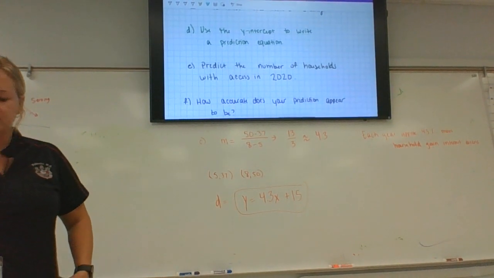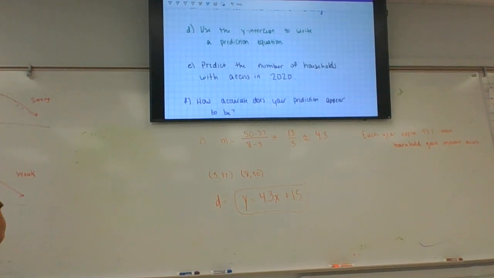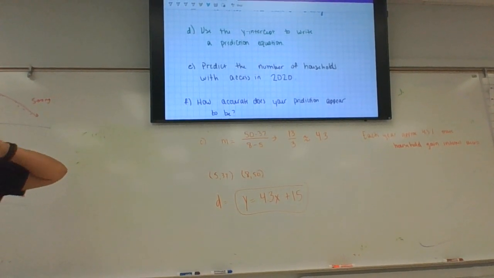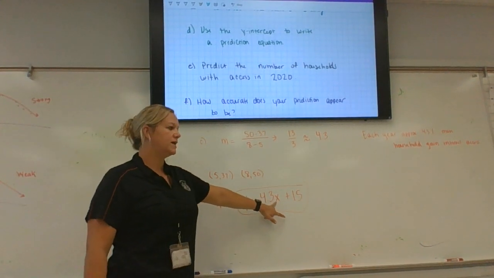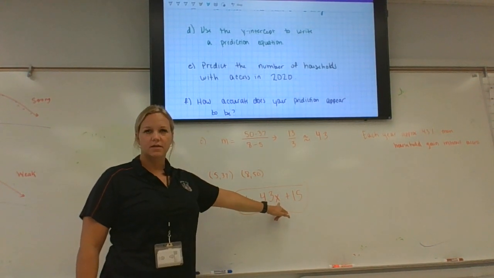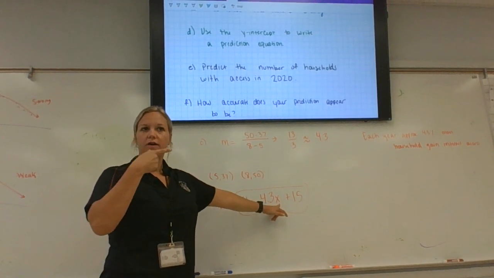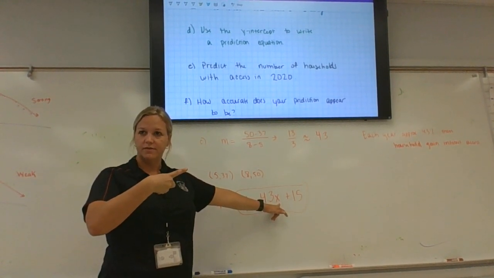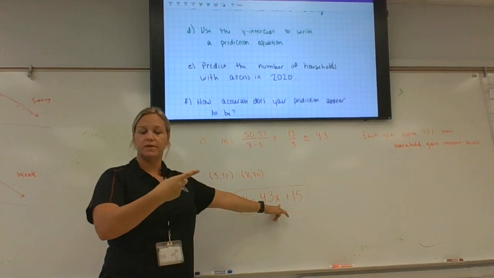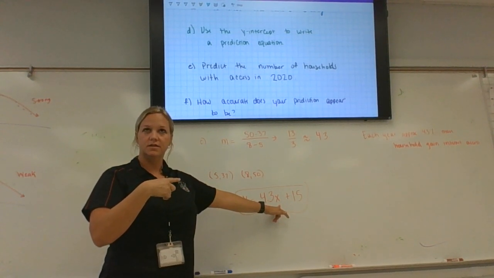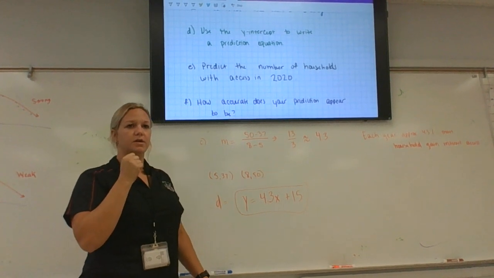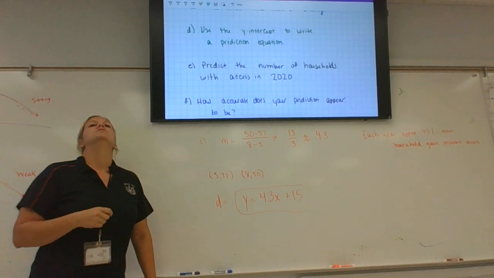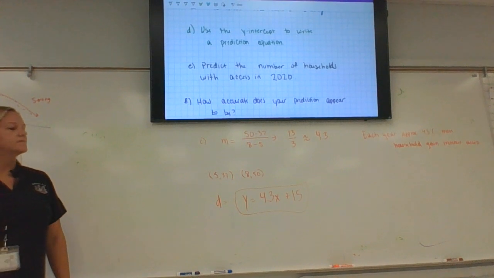Alright, letter E. Predict the number of households with internet access in 2020. So here's your equation. Our graph starts at 1995. So if I want to predict 2020, what should I plug in for X? 1995 to 2020, how many years go by? 26, if you're talking about the beginning.